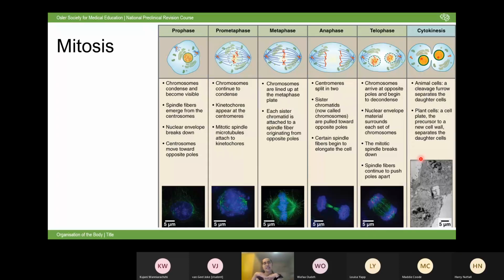And in telophase, that is completed, and then the mitotic spindle can break down because it's done its job, and the nuclear envelope, which we talked about earlier, which had disintegrated and was just lying around in the cell, then reforms to produce two individual nuclei. And finally, in cytokinesis, the cell actually divides to produce two identical cells. So that is mitosis.